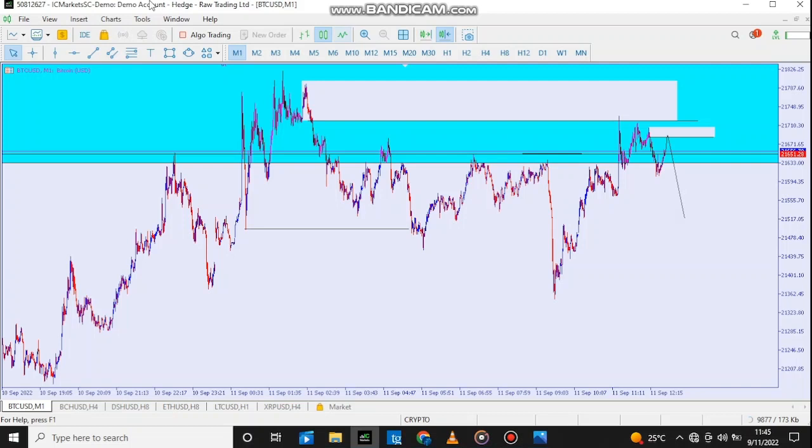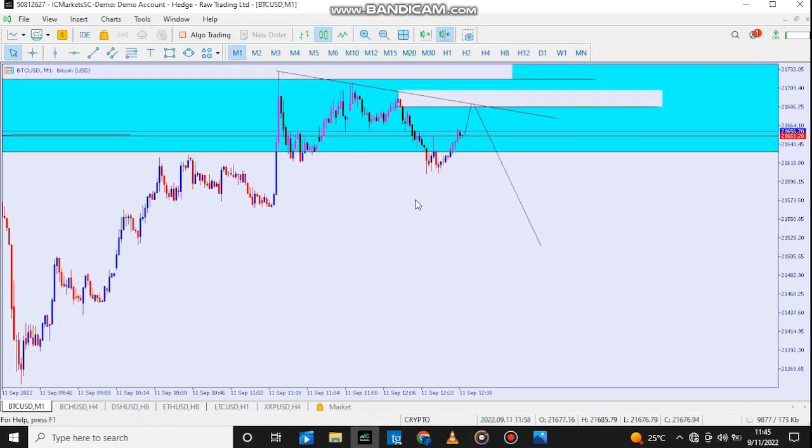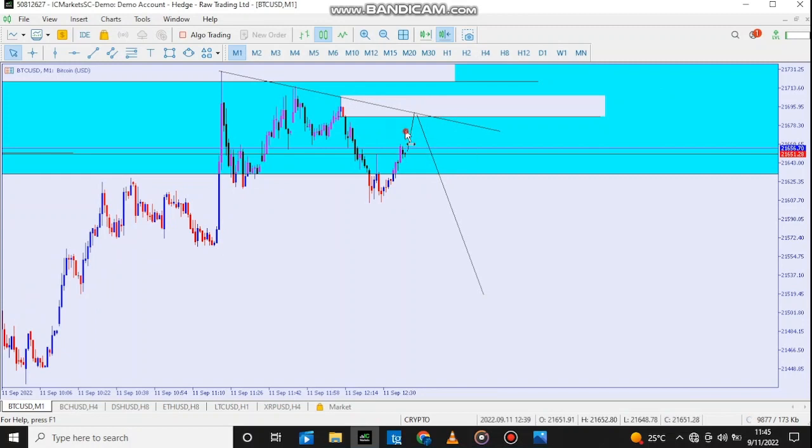And these runs of liquidity here. So the price can grab this trendline liquidity and continue the downside.